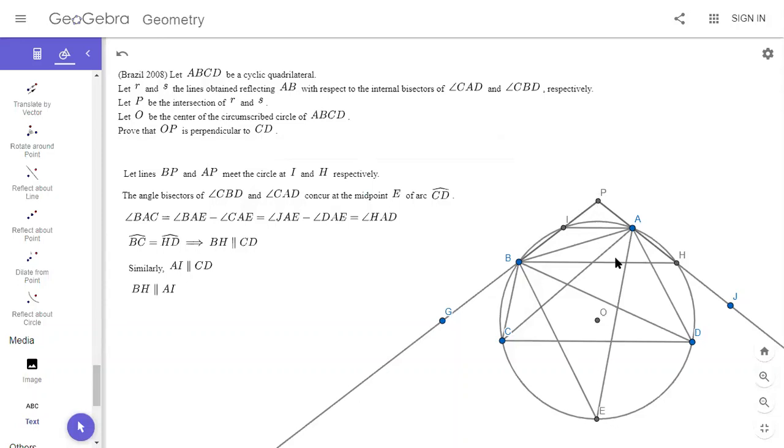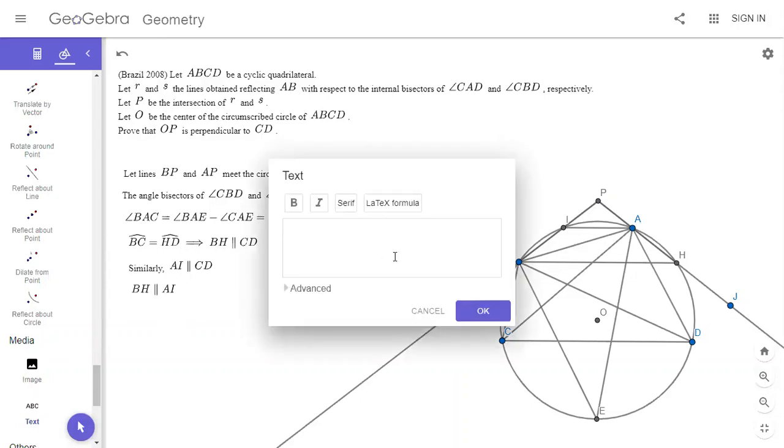The whole figure is symmetric. So, I don't even know how to say this exactly, but if BH is parallel to AI, BHAI is an isosceles trapezoid.